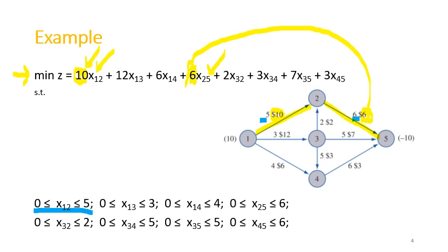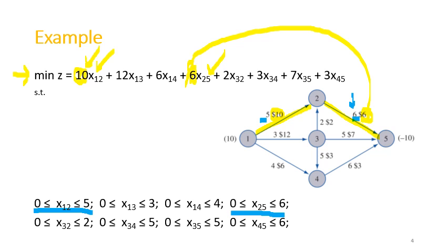And from 2 to 5, the lower bound is 0 and the upper bound is 6. The lower bound is 0 because you cannot flow a negative amount of something. For each arc, if you want to use that arc, the lower bound of 0 means you're transporting nothing through that arc, and the upper bound is the capacity of each arc.